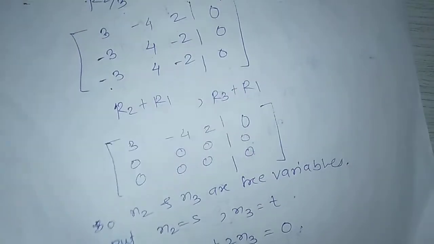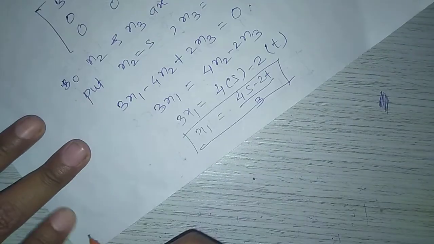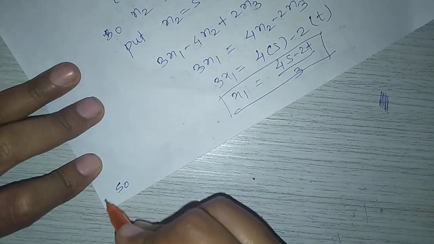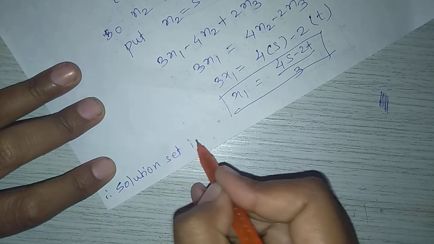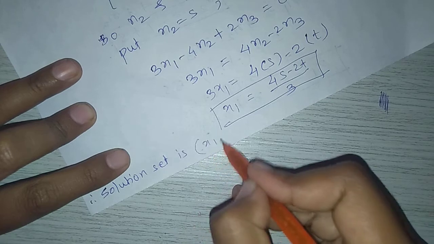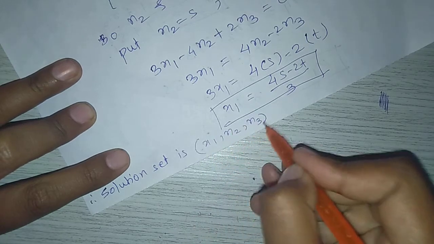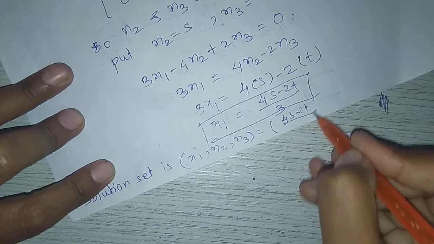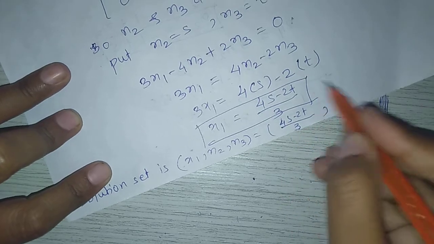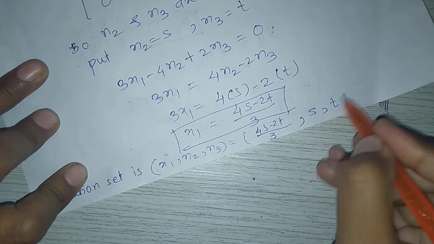So the solution set is nothing but d. Therefore the solution set is (x1, x2, x3), where x1 is (4s minus 2t) upon 3, x2 is s, x3 is t.